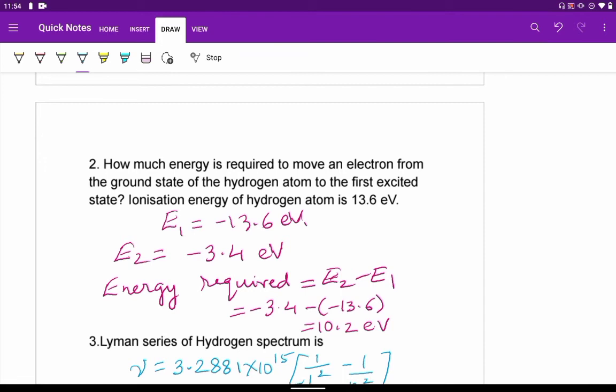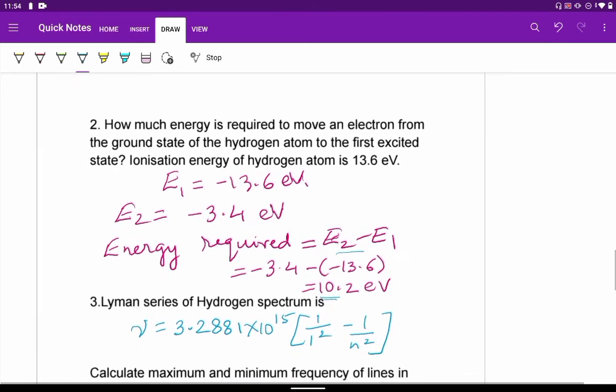So E1 is minus 13.6 eV. E2 we just calculated in the previous numerical, so E2 is minus 3.4 eV. So the energy required is the difference in these two levels, that is minus 3.4 minus of minus 13.6. So it comes out to be 10.2 electron volts.